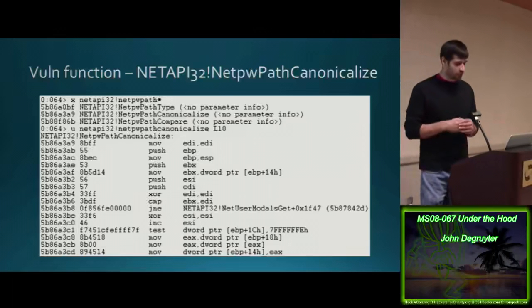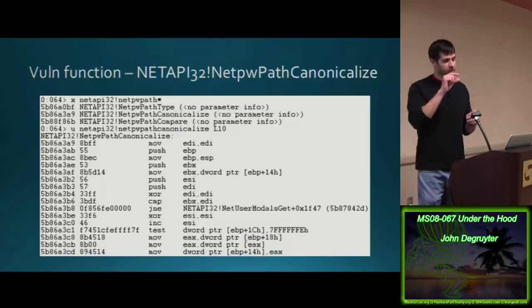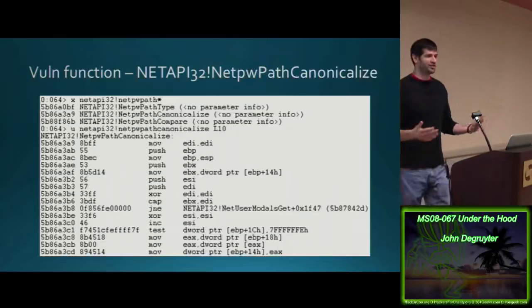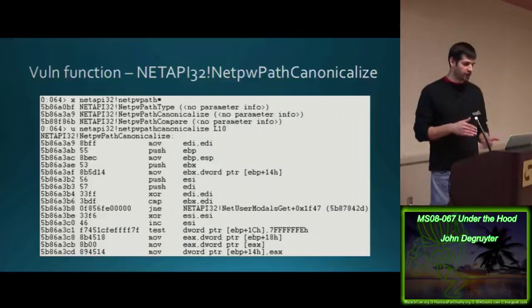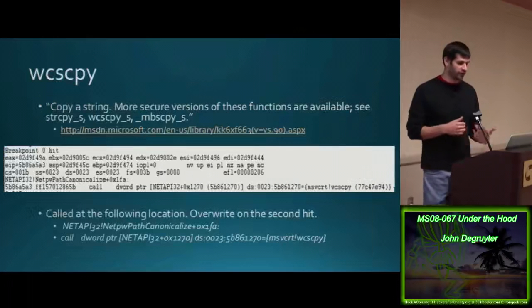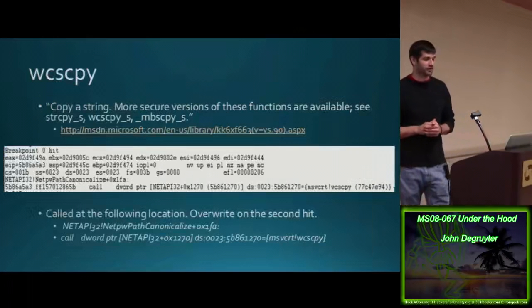So we know that there's going to be a memory corruption, and that stored instruction pointer is going to be overwritten. So if we can see that happen somewhere in this function, then we know exactly where the vulnerability is. And you track this function down to the end, and you see this. This is wcscpy.